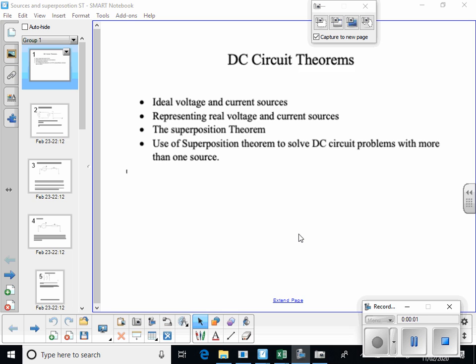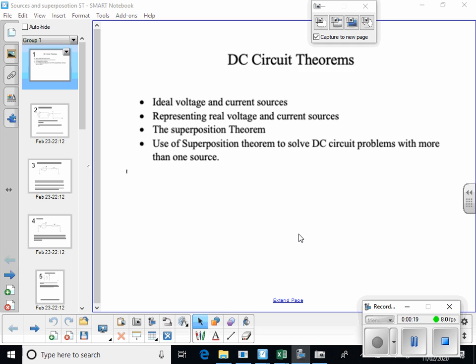Part 2 of today's session is DC circuit theorems. What we're going to do, and some of this we've had a look at already, is look at ideal voltage and current sources, and I believe we did do that bit.